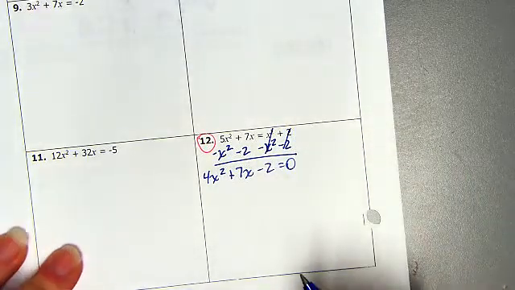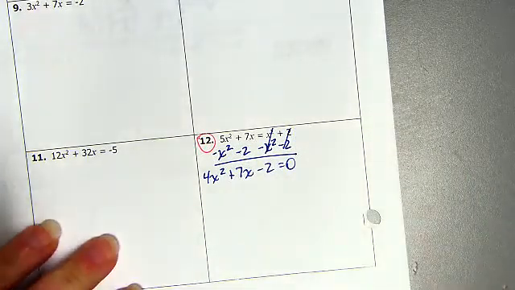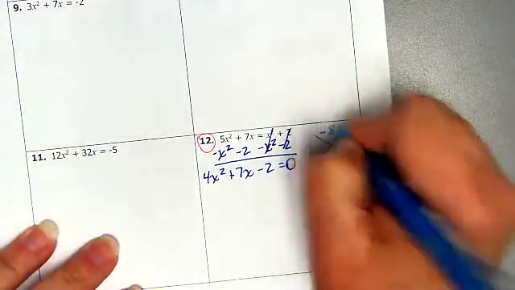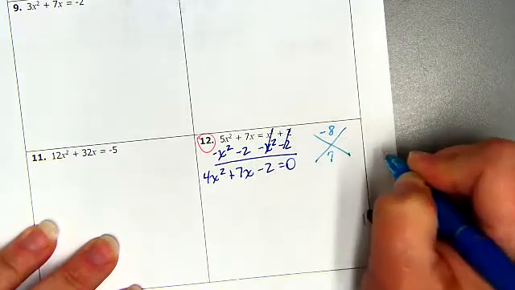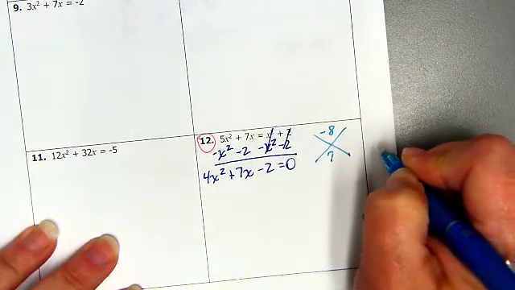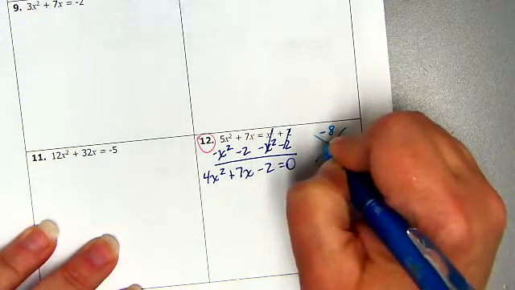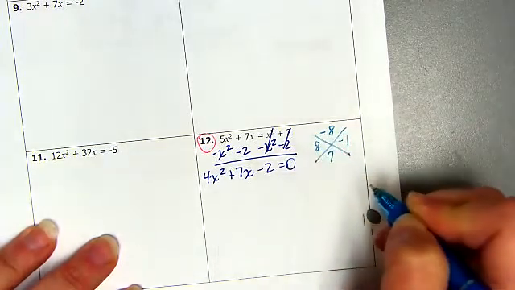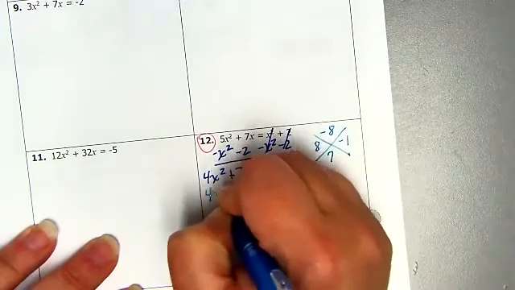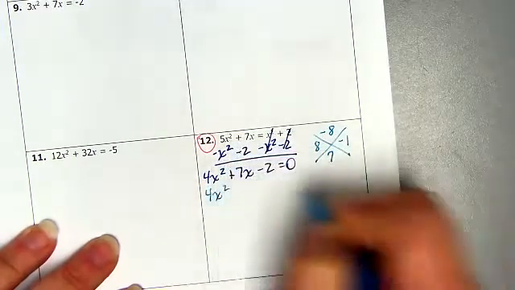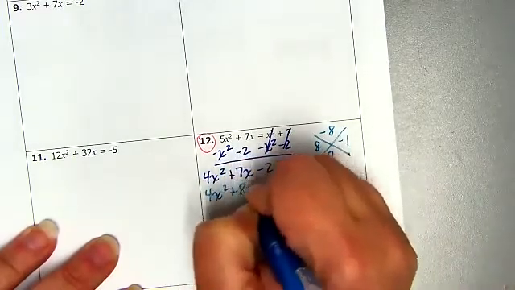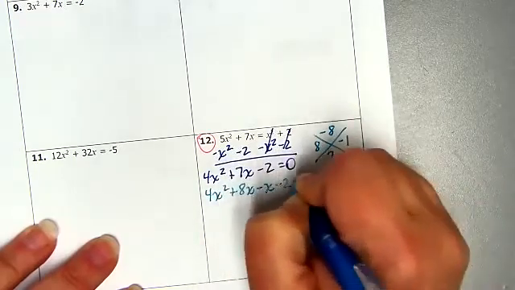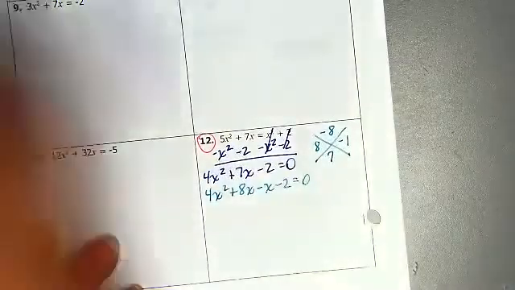So now I have the trinomial that I need to be able to factor. So I have negative 8 for the sum of 7. So that's going to give me 8 and negative 1. So I have 4x squared plus 8x minus x minus 2 equals 0.